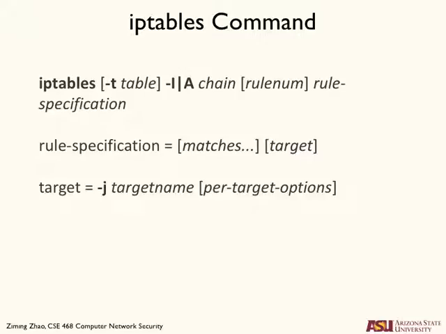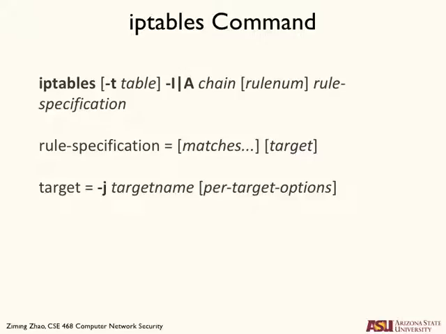Whenever you insert or append, you want to add rules to existing firewall rules, you need to decide where you want to add these rules. And you can also specify which table you want to use, but this is optional. If you do not specify, then you are using the default table, which is the filter table.